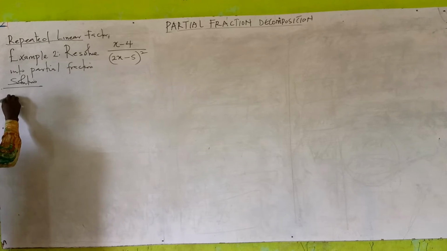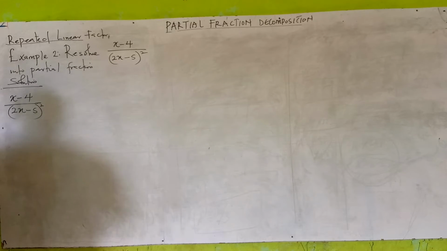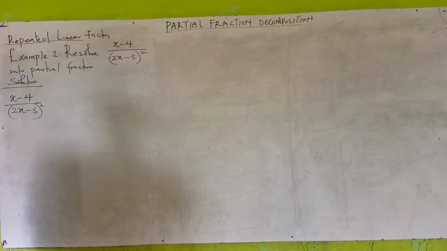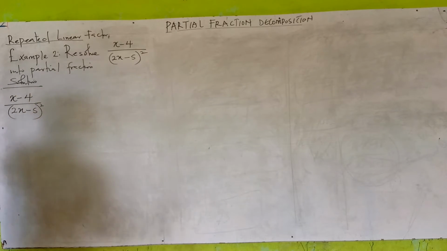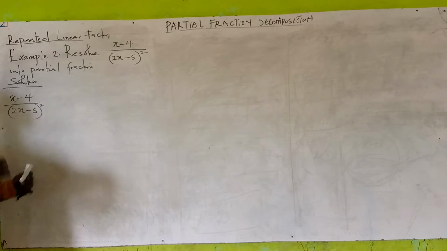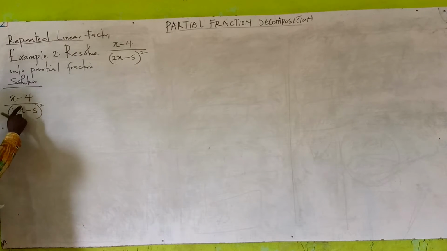Alright, so x minus 4 divided by 2x minus 5 all raised to the power 2 is in this kind of expression. Then we look at the form of the partial fraction. 2x minus 5 is repeated twice, that is 2x minus 5 into another 2x minus 5. Why is it linear? Because the degree here is 1. Why is it repeated?